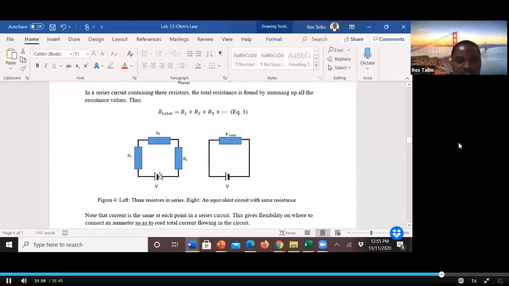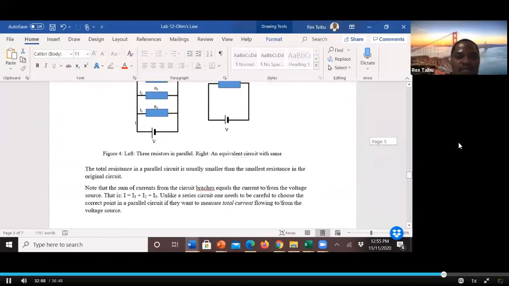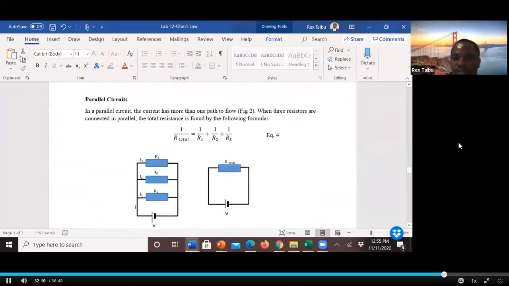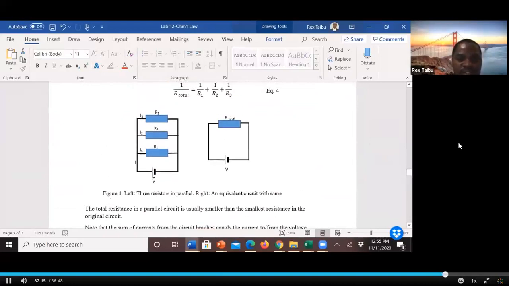Ohm's law says that voltage is proportional to the total resistance times current. In the third part, Ohm's law also says the same thing: voltage V is proportional to current, but the total resistance has to be found using this formula. So we are exploring Ohm's law using different types of circuits.